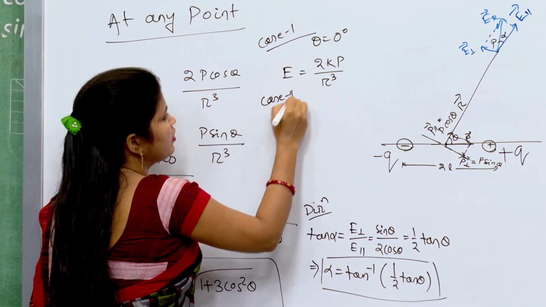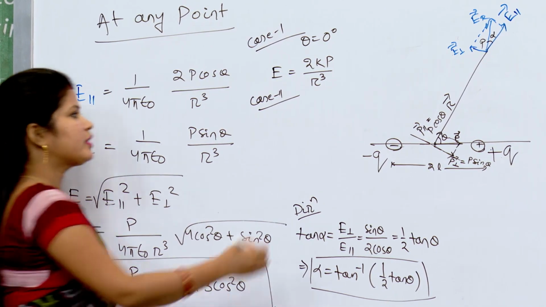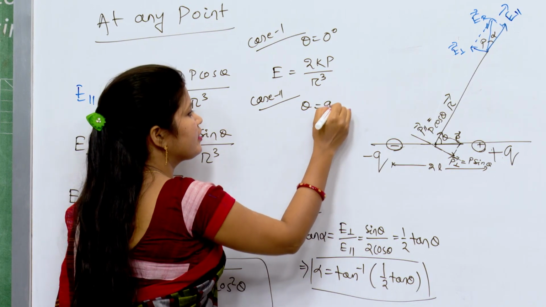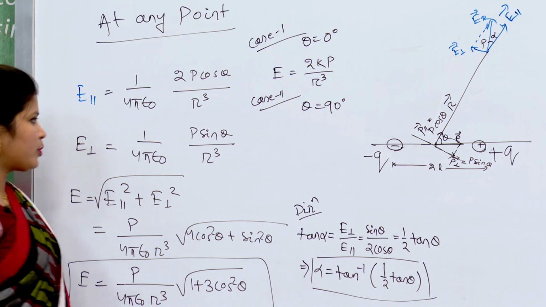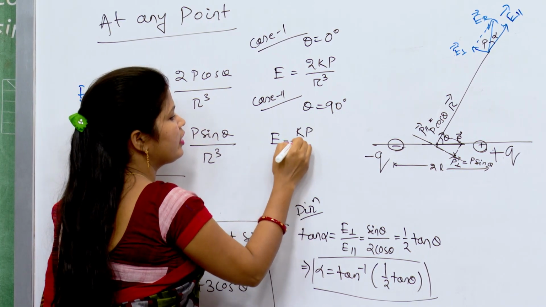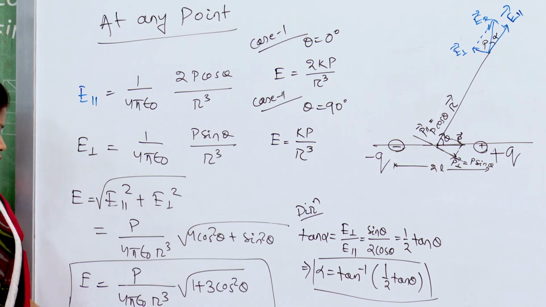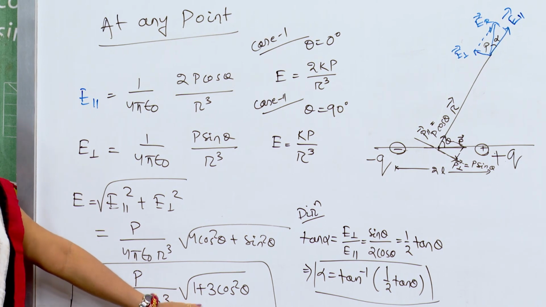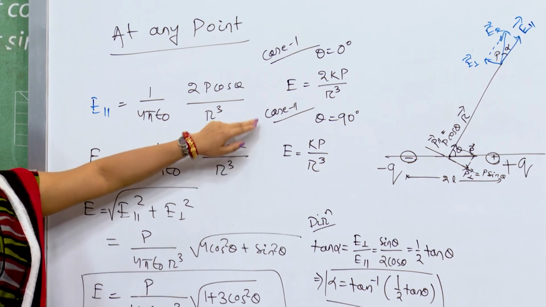Case 2, on the equatorial line, when theta is equal to 90 degrees, cos 90 is 0, so the electric field intensity is E equal to k p upon r cubed. So from the general formula at any point, we can calculate the electric field intensity on both the axial and equatorial lines.